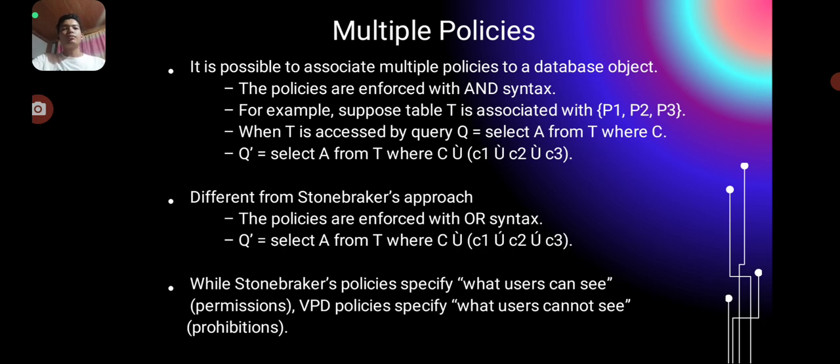So next is the multiple policies. It is possible to associate multiple policies to a database object. The policies are enforced with AND syntax. For example, suppose table T is associated with P1, P2, P3. When T is accessed by query Q, where Q is select A from T where C, the predicates C1, C2 and C3 are combined with AND.